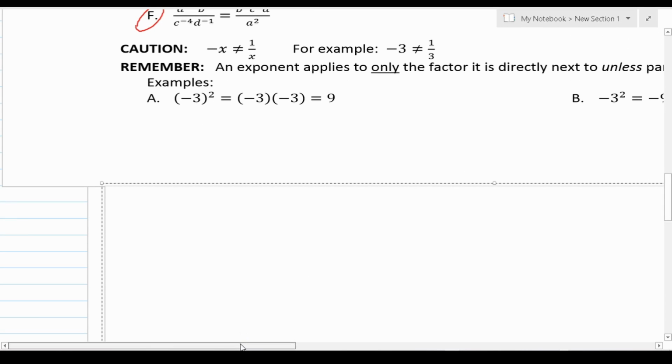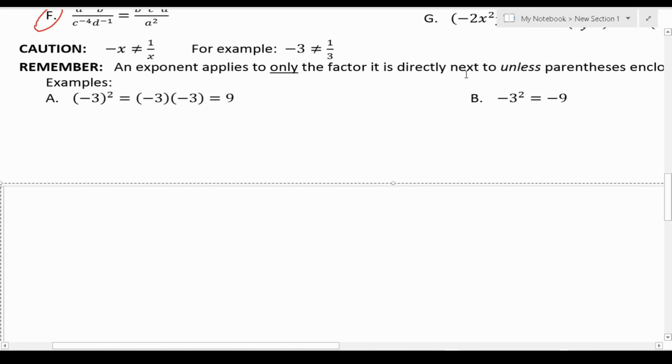And here's what I should have mentioned because I made this mistake. If something in the parentheses is squared, that means you include the negative. If the negative is inside the parentheses and it's squared, you include the negative when you square it. So this becomes negative 3 times negative 3, which is 9.